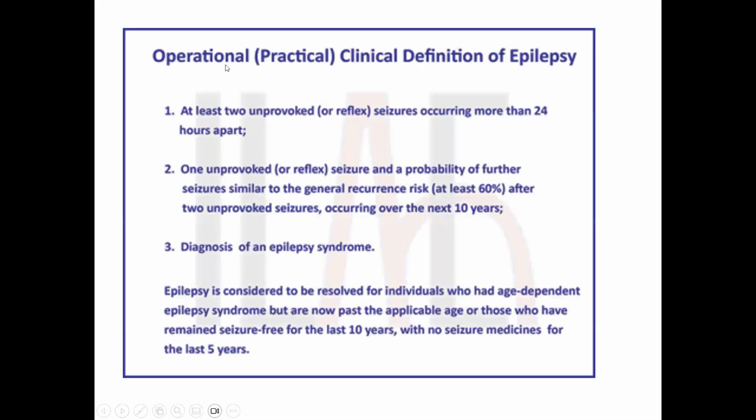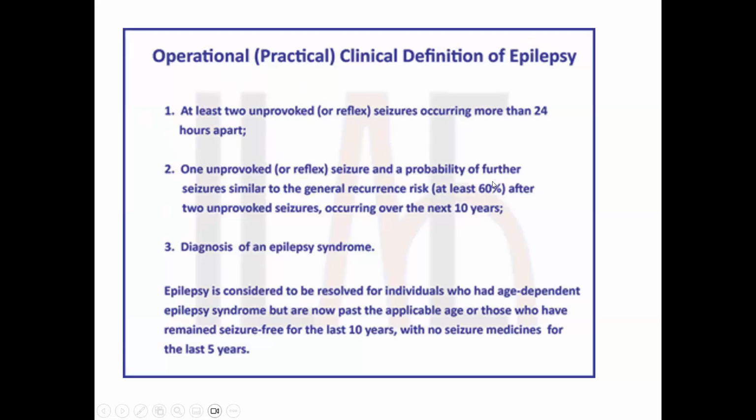So these are the new criteria to diagnose epilepsy. The old criteria was recurrent unprovoked seizures, but now there are 3 points. If at least one of these is fulfilled, you can diagnose epilepsy. The first one is at least 2 unprovoked seizures occurring more than 24 hours apart. The second one is a bit of a long definition.